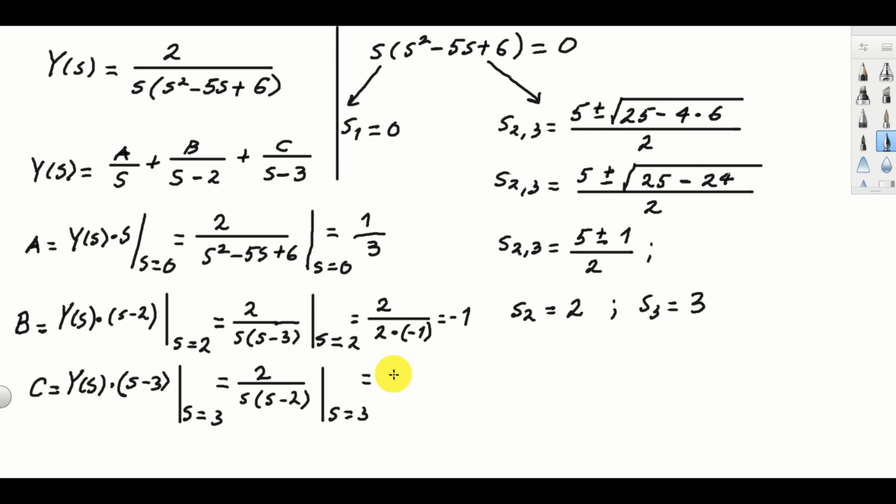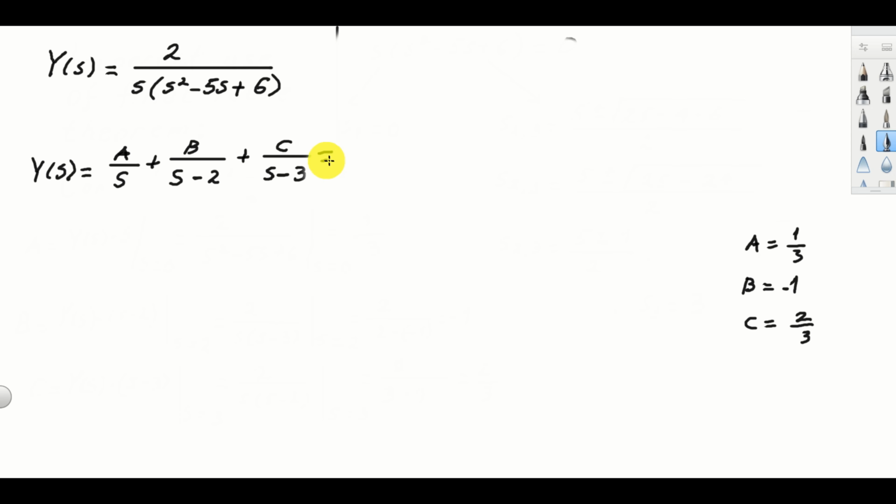We have 2 divided by 3 multiplying 1, and so we have 2 over 3.